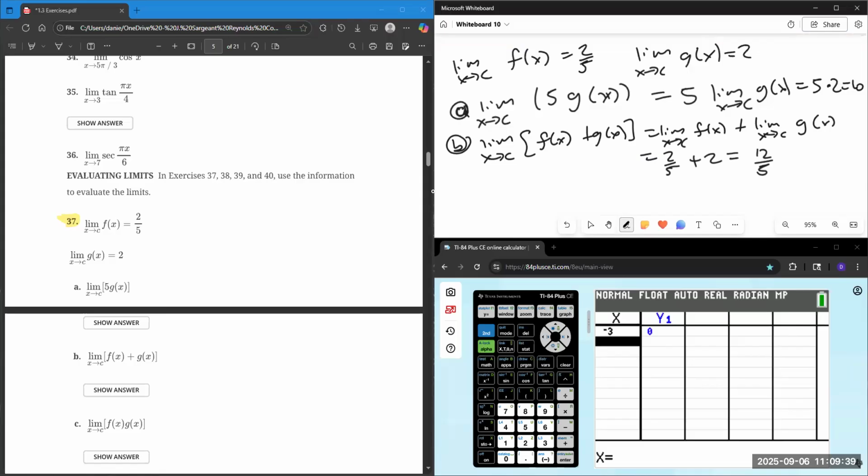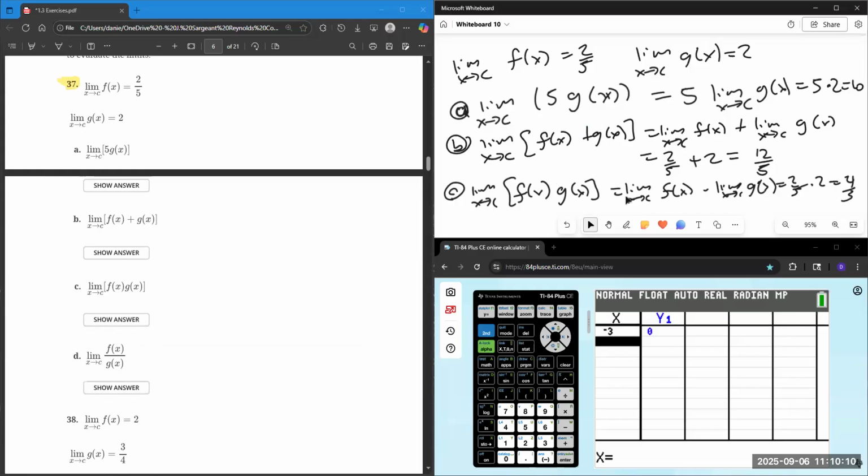And C, limit as x approaches c of f of x times g of x is limit as x approaches c of f of x times limit as x approaches c of g of x, is 2/5 times 2 is 4/5.